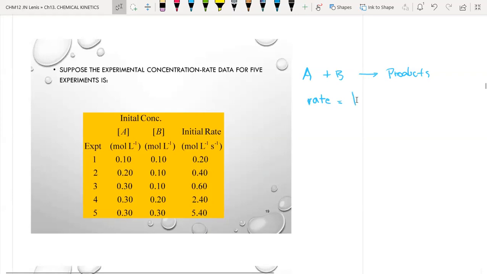Yes, rate constant times the concentration of A to a power, to an order, and let's call this M. Usually M represents any number. This is a standardized way. You can say M, you can even say O or P, any letter that represents any number.